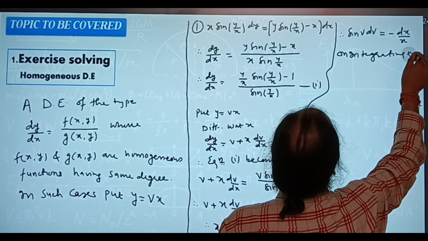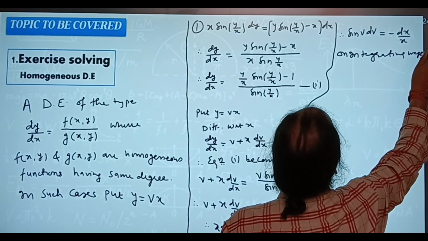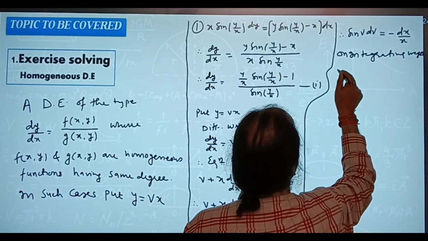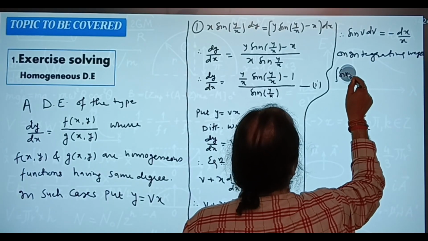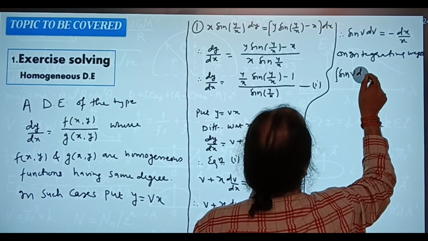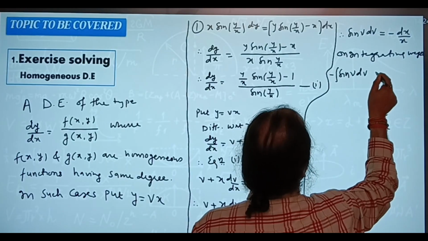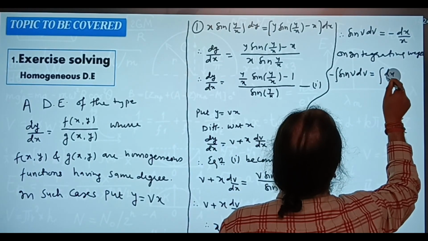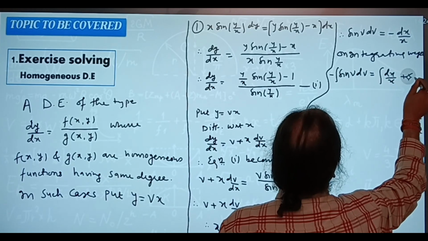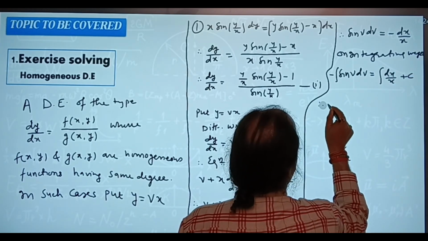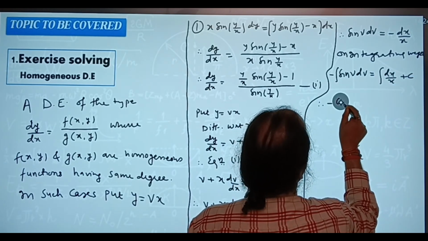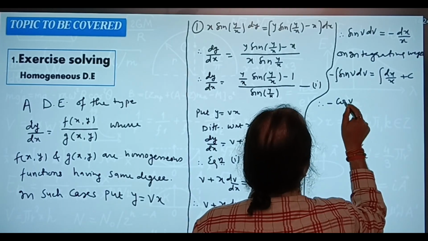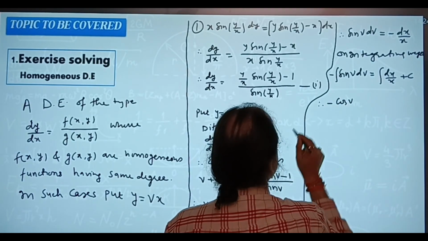On integrating, we get integral sine V dv, or you can bring minus on this side, is equal to integral dx upon x plus c. Minus cos V, and only minus is there.